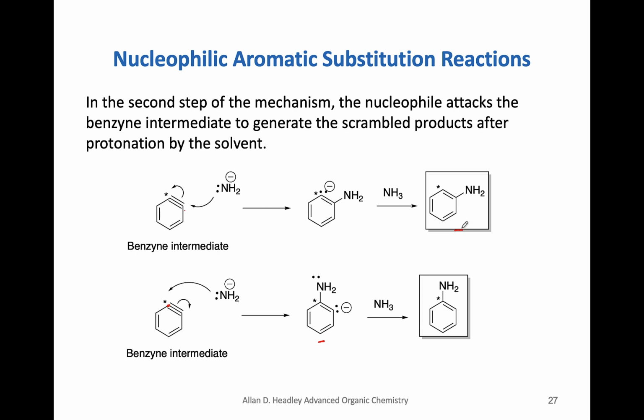Again, notice they're in 50-50 equal mixtures because of the symmetry around this benzyne intermediate here, because there's a 50% chance of the nucleophile attacking this carbon or attacking this carbon. So that gives us here a 50-50 mixture, and it also explains why there is scrambling.